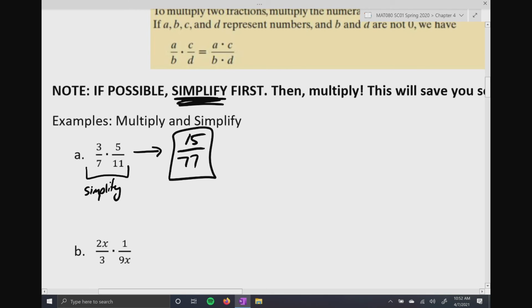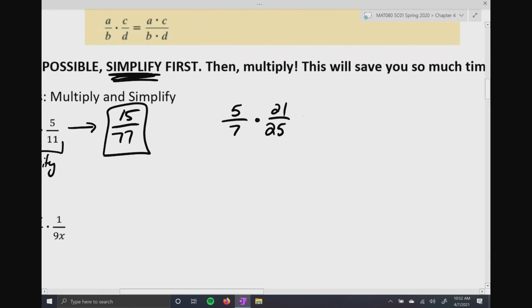I'm going to write this one down. Five over 7 times 21 over 25. Watch what I do here. I know that 5 is a prime number.